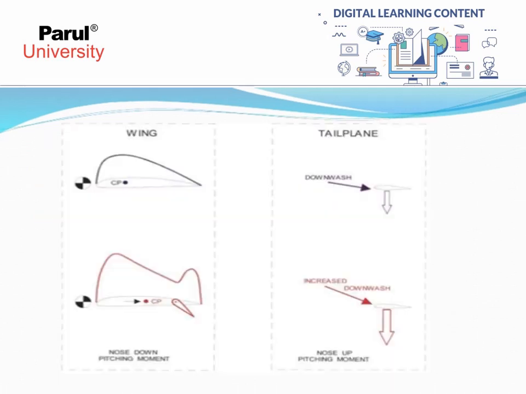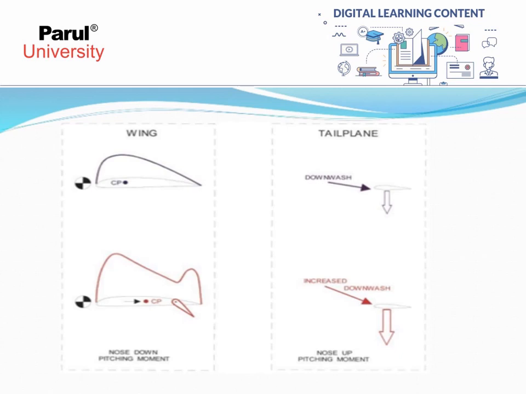Now in the figure we can see a wing and a tail plane. For the wing, the CP and downward lift, and then the nose down pitching moment, then the CP will move, it will be extended, right?